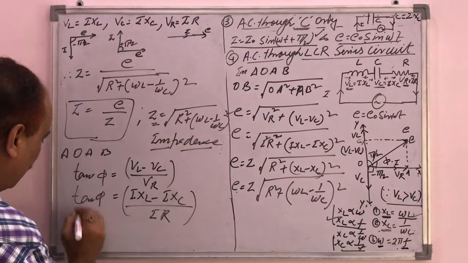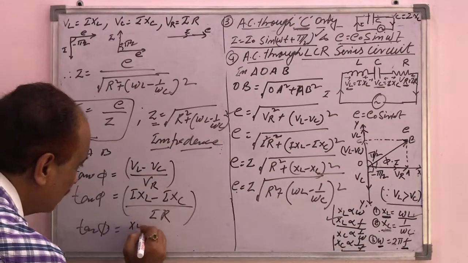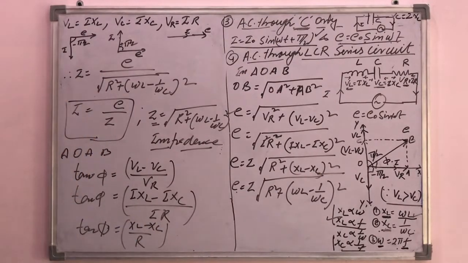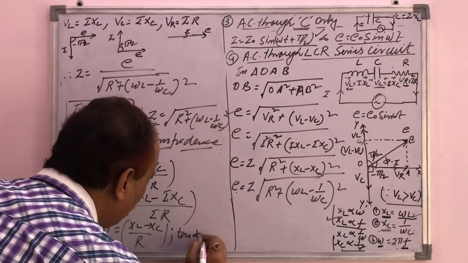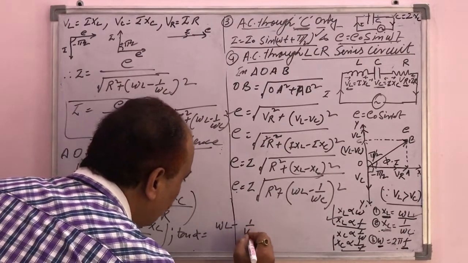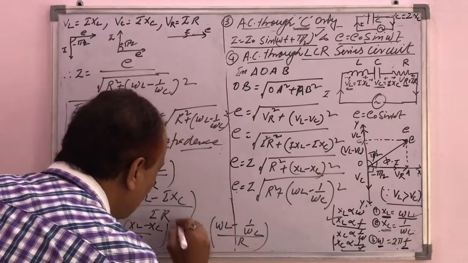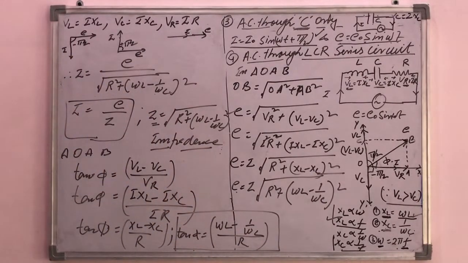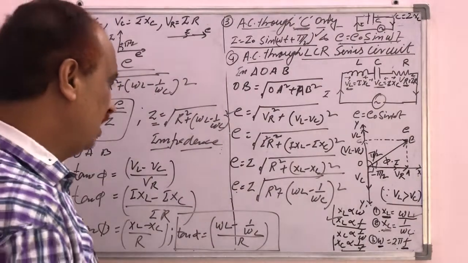So tan phi will be equal to (XL minus XC) upon R. Now put the values of XL and XC. Tan phi will be equal to (omega L minus 1 upon omega C) upon R. So this is the phase angle between the current and EMF produced in the LCR series circuit.